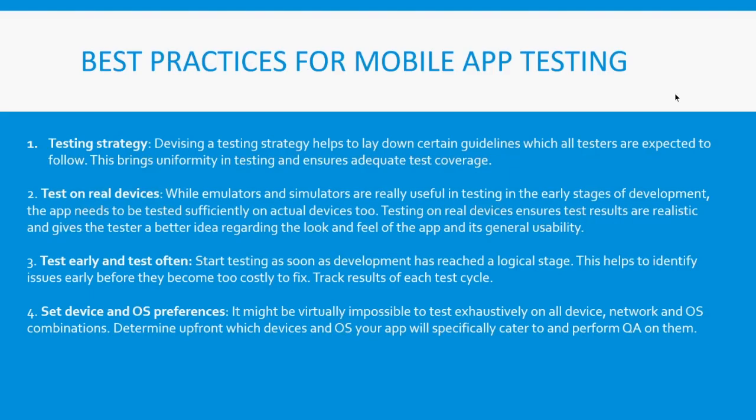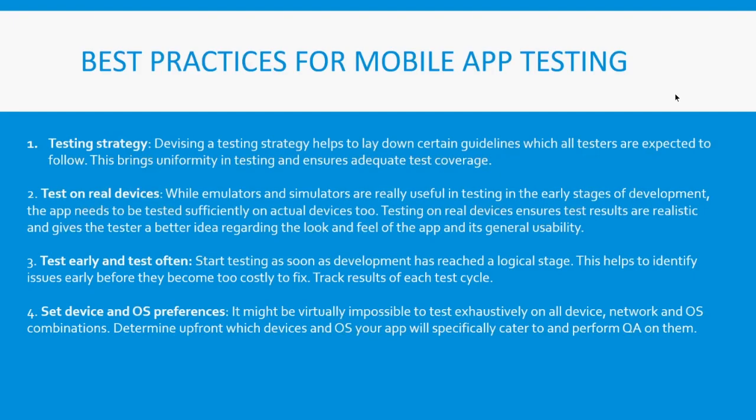Now, it is also good for you to start testing as soon as development starts. This helps you to identify issues. This is more agile. Because as a tester, you need to test first so that you can report bugs as soon as possible for them to fix them. This is very cost effective, and this makes work easier, and you can then track results through the life cycle of the testing phase.